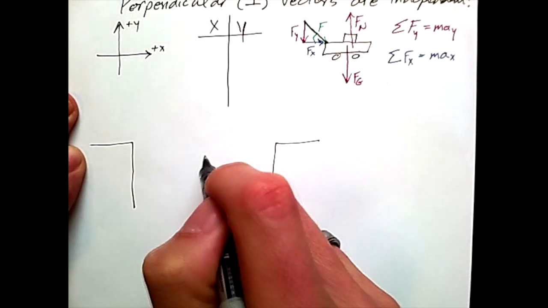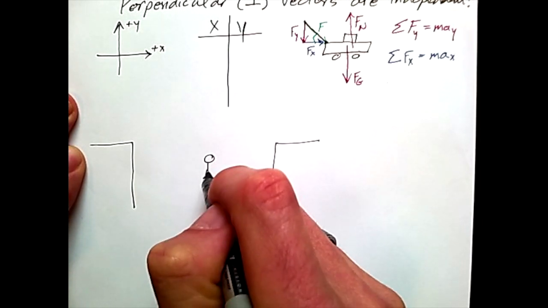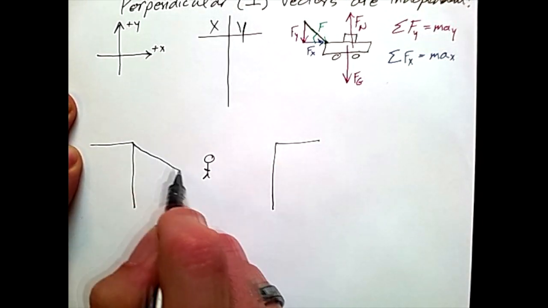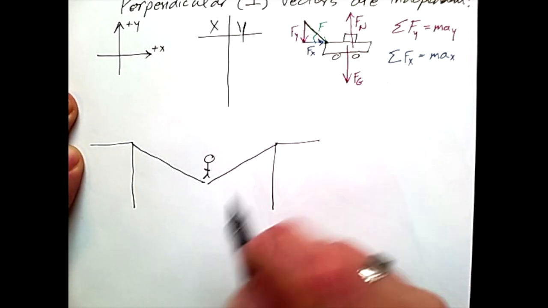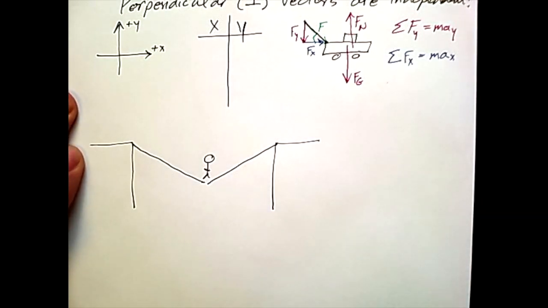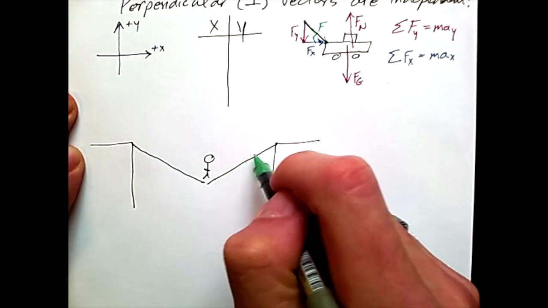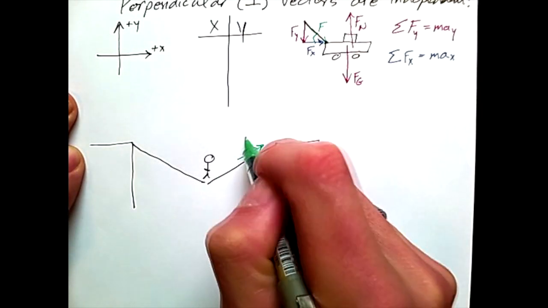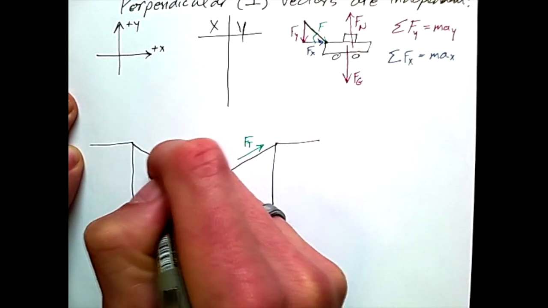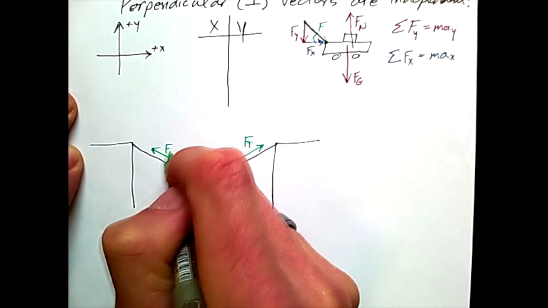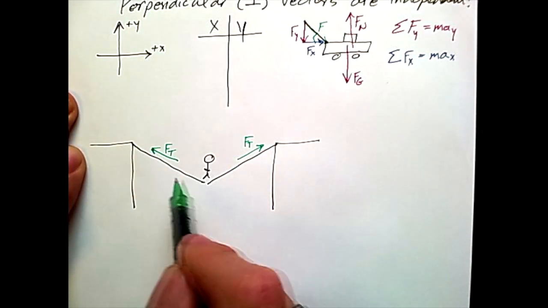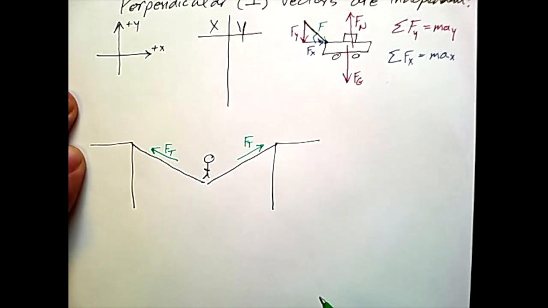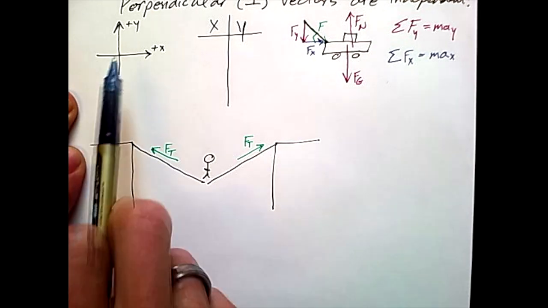So if we have a person walking across a high wire that stretches down and then up attached like this, we know that the tension within the system, F of t, is going to be directed along the rope this way and along the rope this way. And that tension force is a set value that it's the same in both directions, right? But neither of those tension forces point in the xy plane.